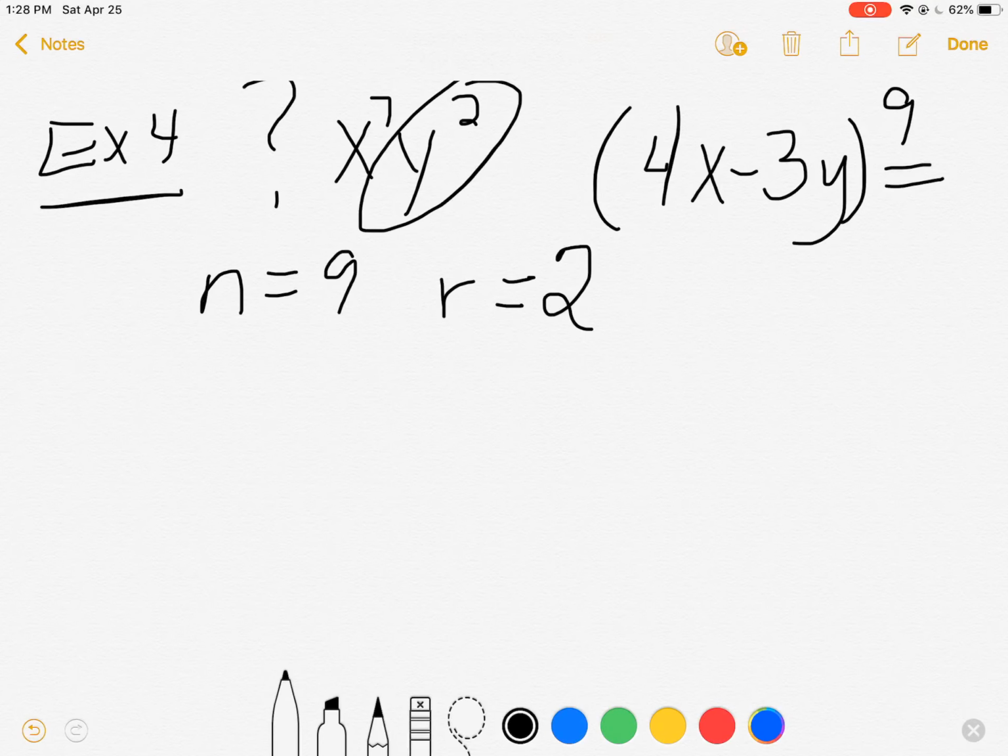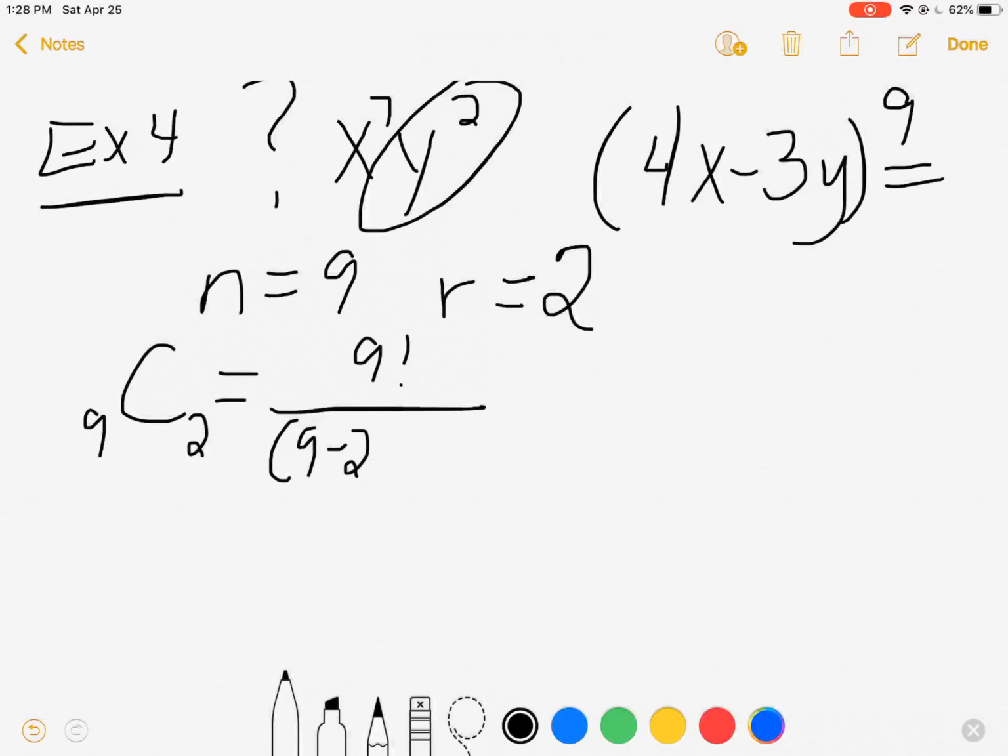Alright, so when I'm using the combination formula, combination, 9 things taking 2 at a time, I say 9 factorial over 9 minus 2 factorial, 2 factorial. So that's 9 factorial over 7 factorial, 2 factorial.